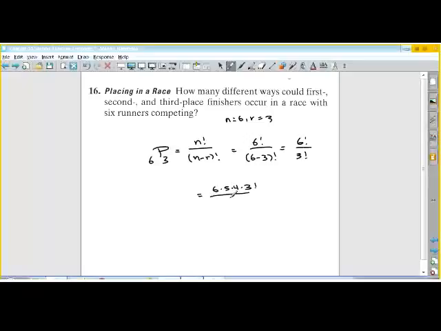So you rewrite the numerator as 6 times 5 times 4 times 3 factorial, divided by 3 factorial. Those cancel out, and you get 120. So there are 120 different ways you could have 6 people compete in a race and have different first, second, and third place finishers.